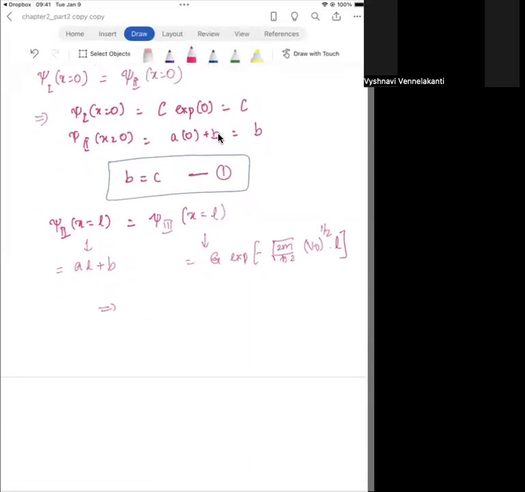So that implies AL plus B is equal to G times this. Now this is our second equation.